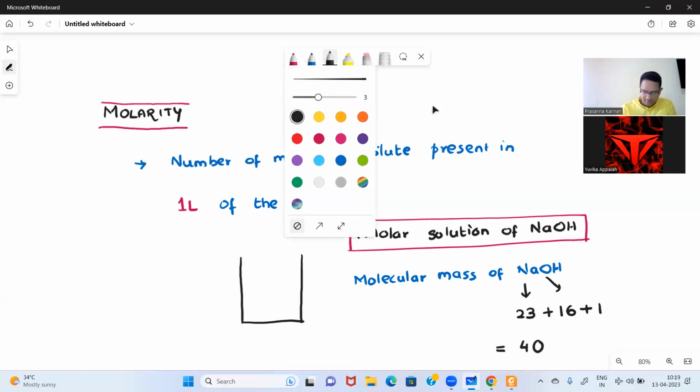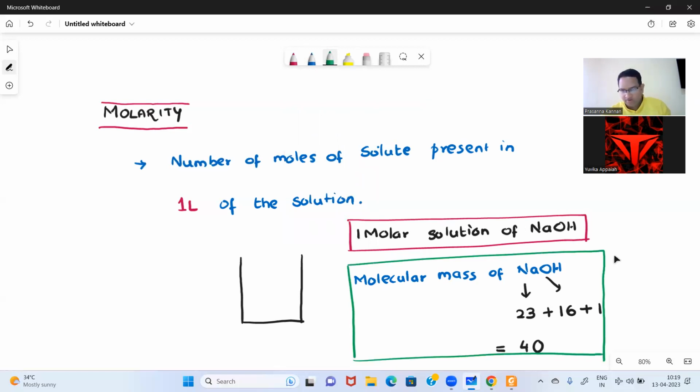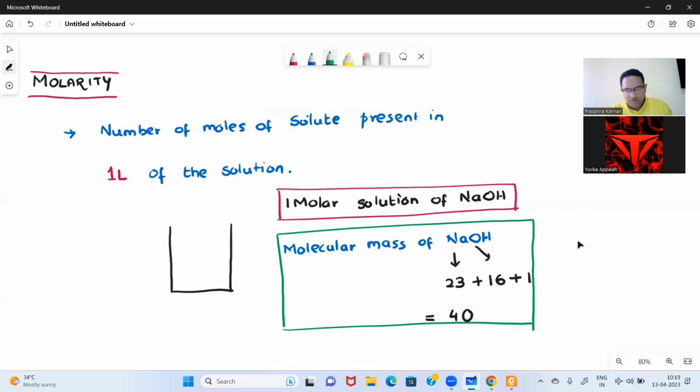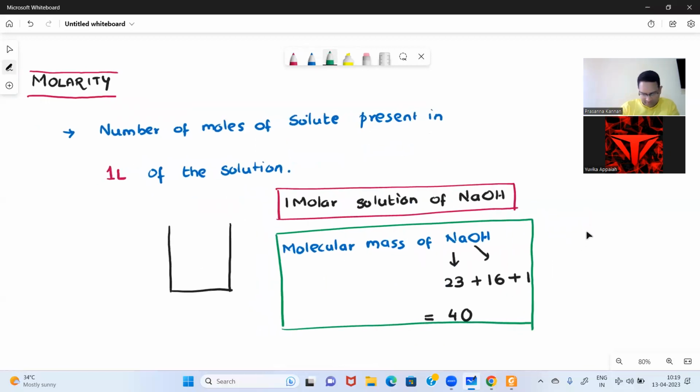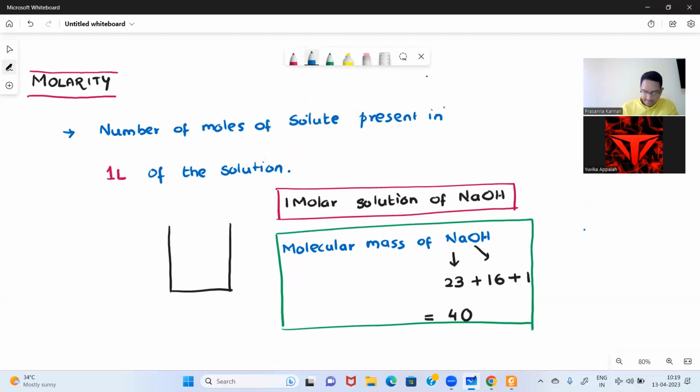Okay, Yuvika? So now we have with us the molecular mass of sodium hydroxide. Now, how much is 1 mole of sodium hydroxide? What is the weight of 1 mole? 40 grams, exactly. So 1 mole of sodium hydroxide weighs 40 grams.